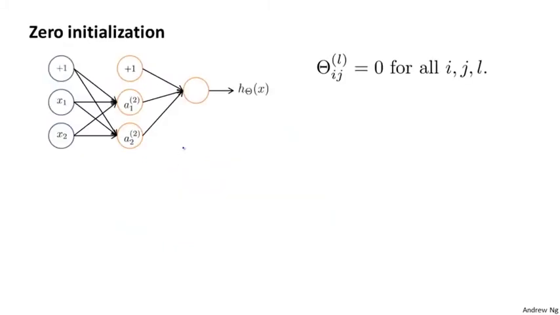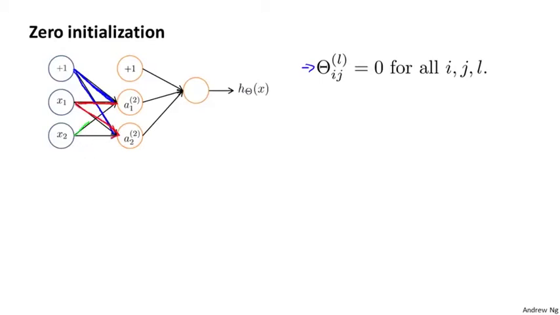Consider training the following neural network, and let's say we initialize all the parameters in the network to 0. If you do that, then at the initialization, this blue weight that I'm coloring in blue is going to equal that weight, so they're both 0. And this weight that I'm coloring in red is equal to that weight, which I'm coloring in red.